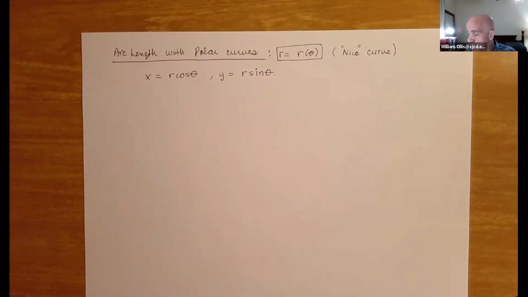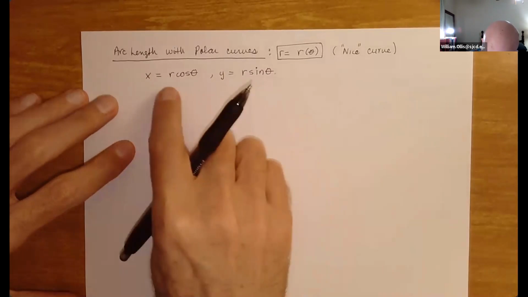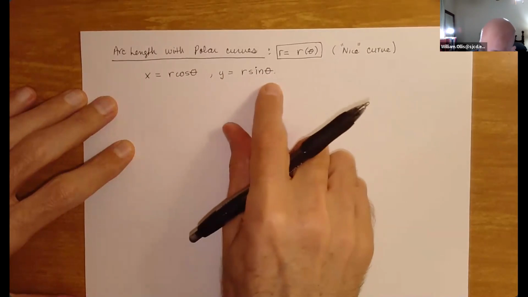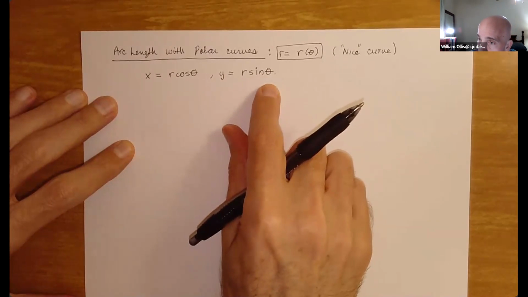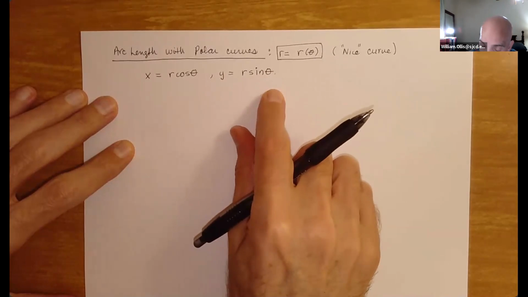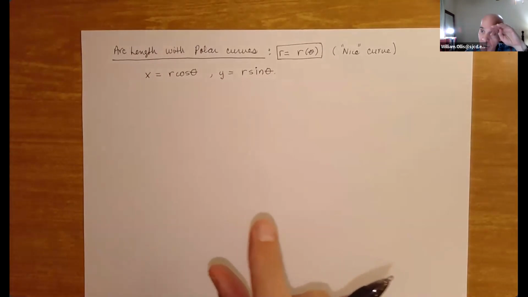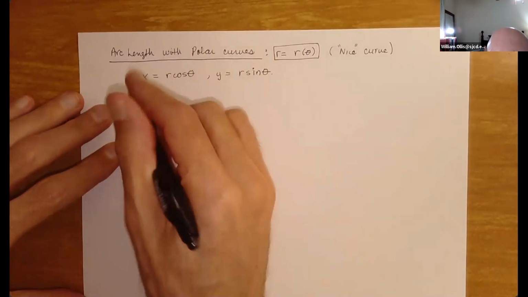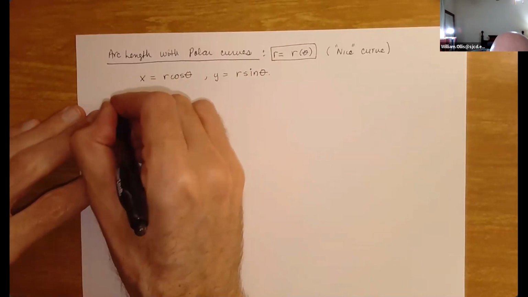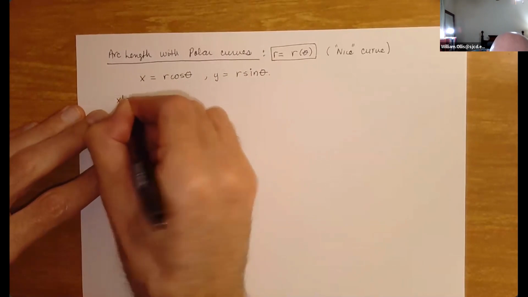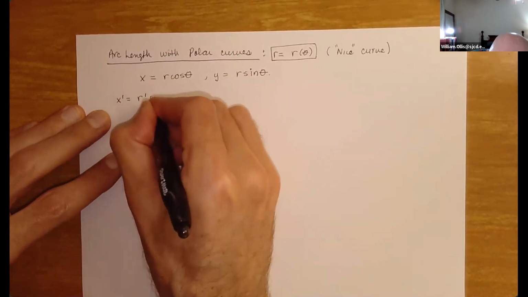And the computations you do with them are not always trivial, as we have just seen with the problems we've done today. So now we want to get the x prime squared and the y prime squared formulation, so we can have a nice formula to work with. So now what we see is x prime is r prime cosine theta minus r sine theta.